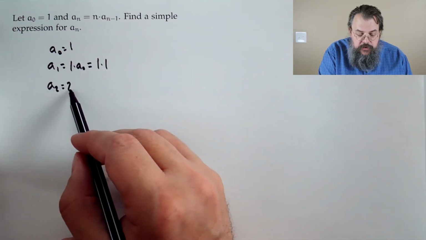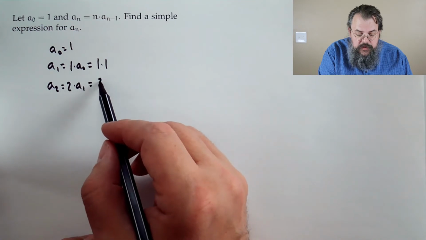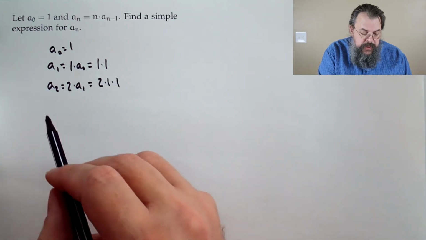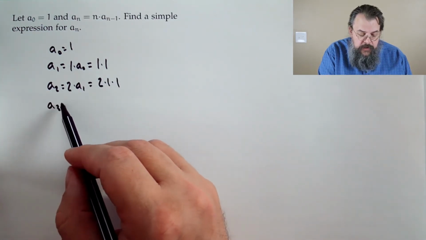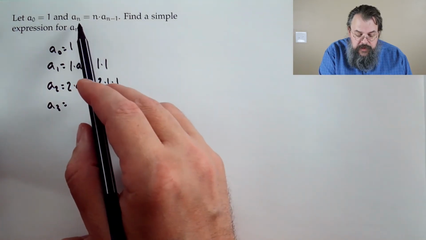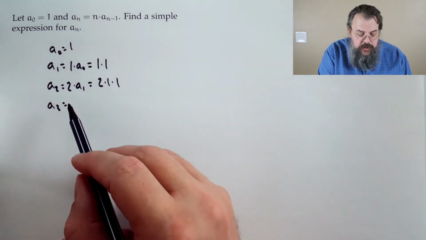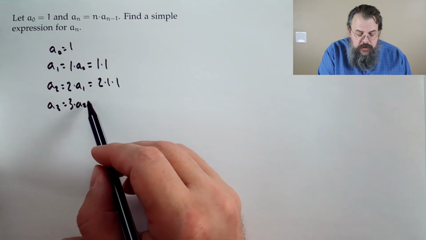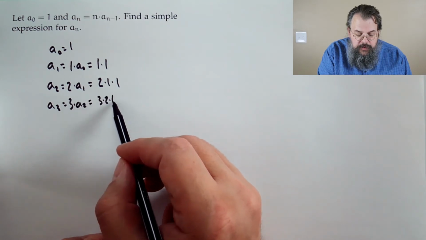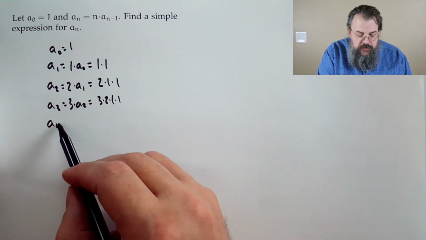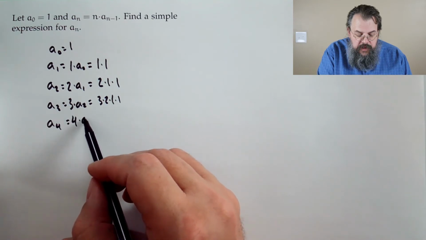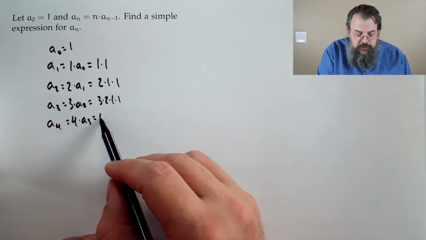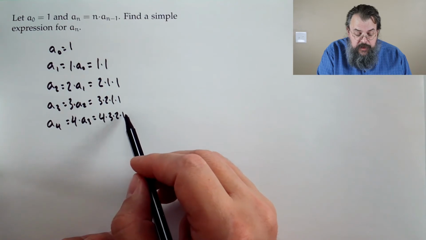According to the rule, that's 2 times a1, which is 2 times 1 times 1. a3, well, according to the rule, that's n equals 3, 3 times a2. All right, 3 times 2 times 1 times 1. a4, 4 times a3. Okay, 4 times 3 times 2 times 1 times 1.